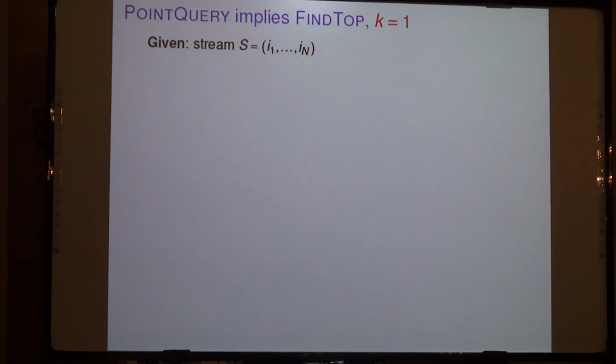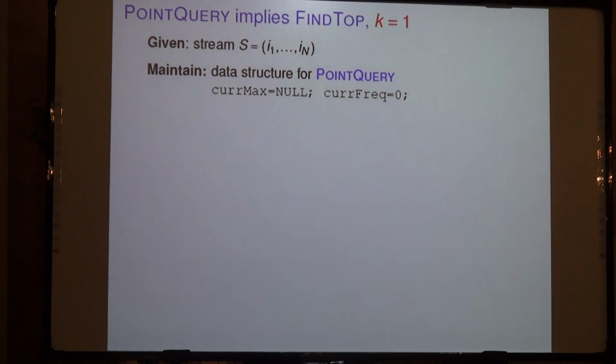Okay, so let's first do a trivial exercise. Suppose that k equals 1, and suppose that we have these exact point query primitives and we want the exact top k. I'm claiming that I can use the exact point query to find the most frequent element. Of course, exact point query requires pretty much storing the entire stream, but the same logic will carry over to approximate versions of the problem.